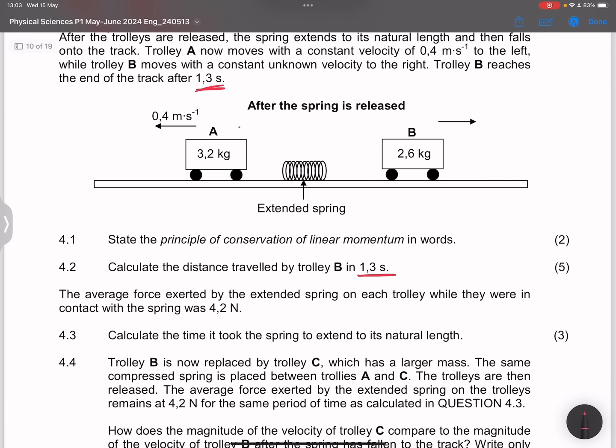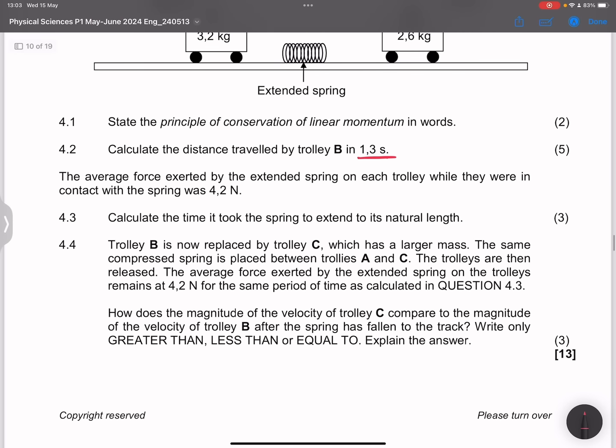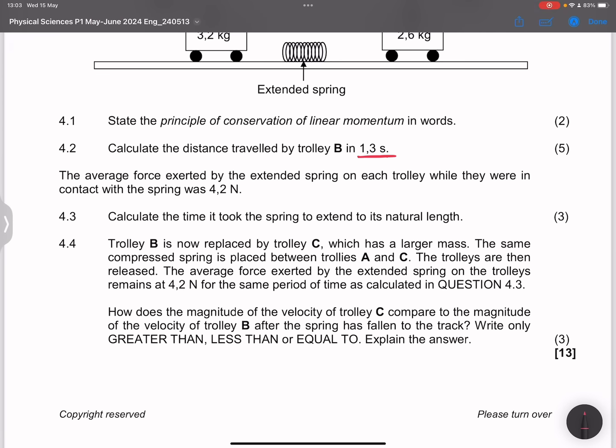Remember, because we know it's constant speed, it's a frictionless surface. So let's go to the next question. They say the average force exerted on the extended spring, on each trolley while they were in contact with the spring, was 4.2.